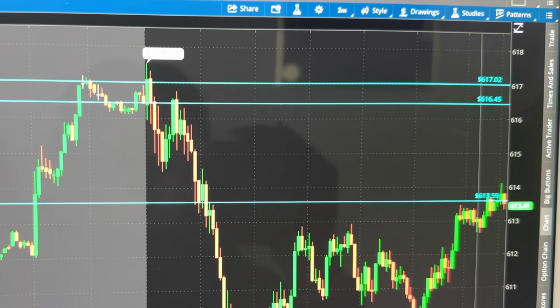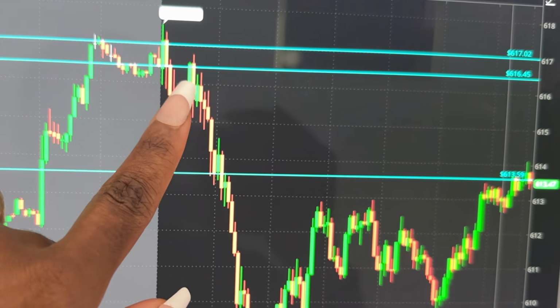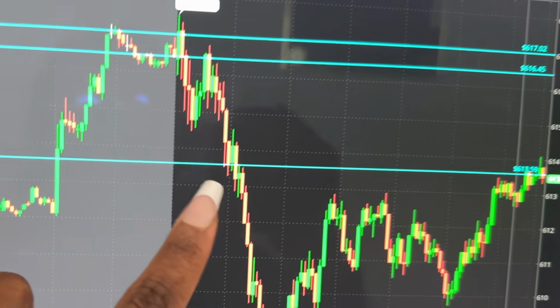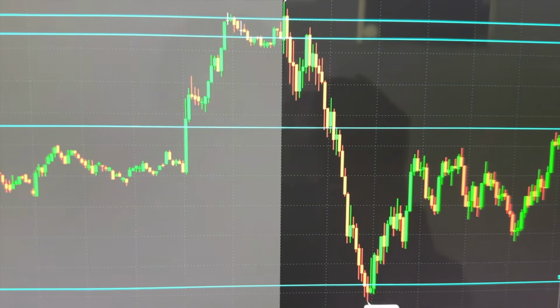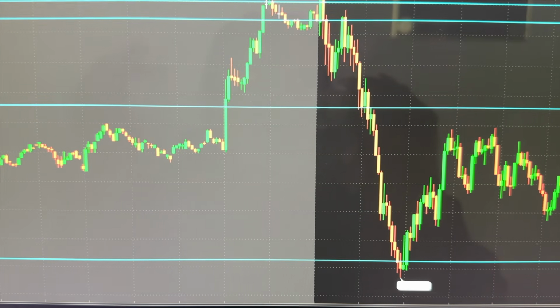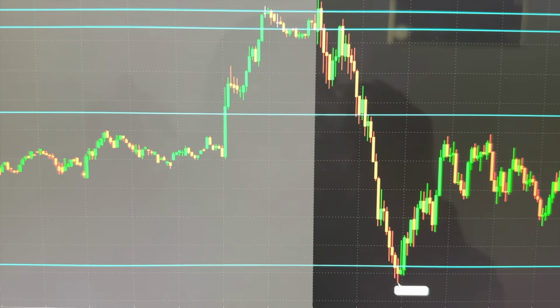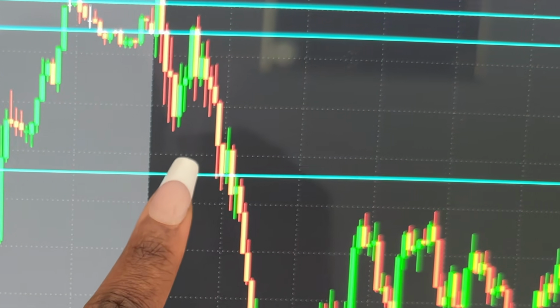So with that being said, once the sell-off began here, clearly it was one that was kind of sharp to the downside, but there was some buying pressure here. There was some buying pressure here as well. But for the most part, the sellers have full control when we take a look at it. It's all about understanding market dynamics and structure. So when we see the stock is forming lower lows, these candles are going lower lows.